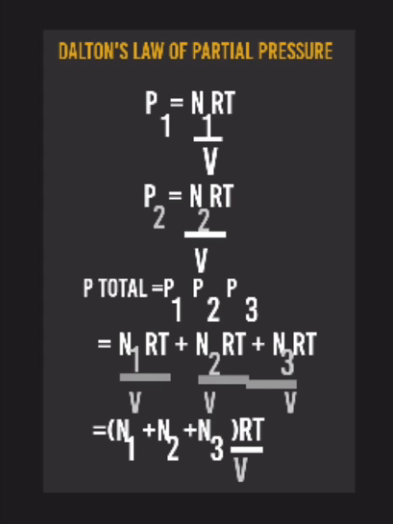Thus, P1 will be equal to n1 RT by V, P2 will be equal to n2 RT by V, and similarly P3 will be equal to n3 RT by V. From Dalton's law of partial pressure, P total will be equal to P1 plus P2 plus P3. So, substituting the values of P1, P2 and P3 in that equation, we finally get P total equal to (n1 plus n2 plus n3) RT by V.